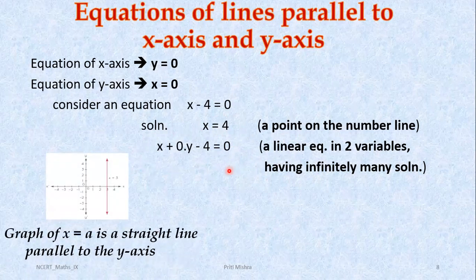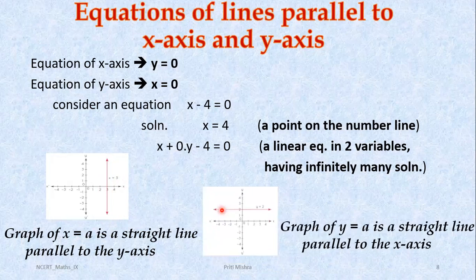Now, the graph of any equation like x equals a will always be a straight line parallel to the y-axis. Here you can see I have shown you a straight line x equals 3. This is of the form x equal to a, a line which is parallel to the y-axis. Just like this, any equation like y is equal to a will always be a straight line parallel to the x-axis.